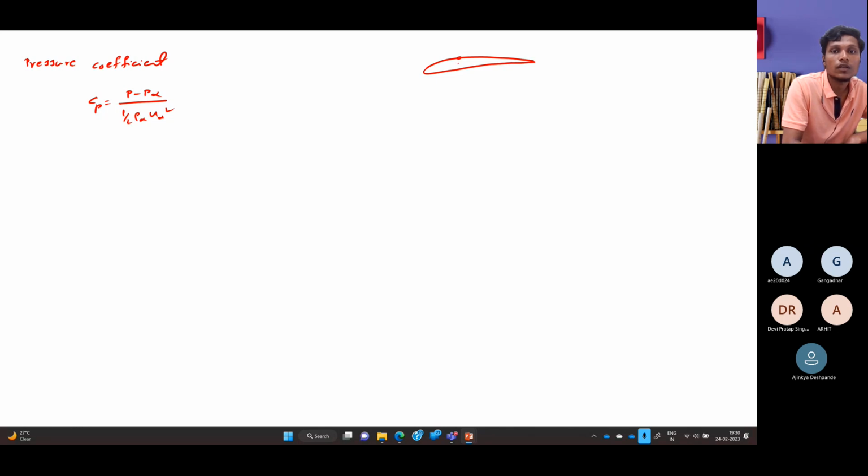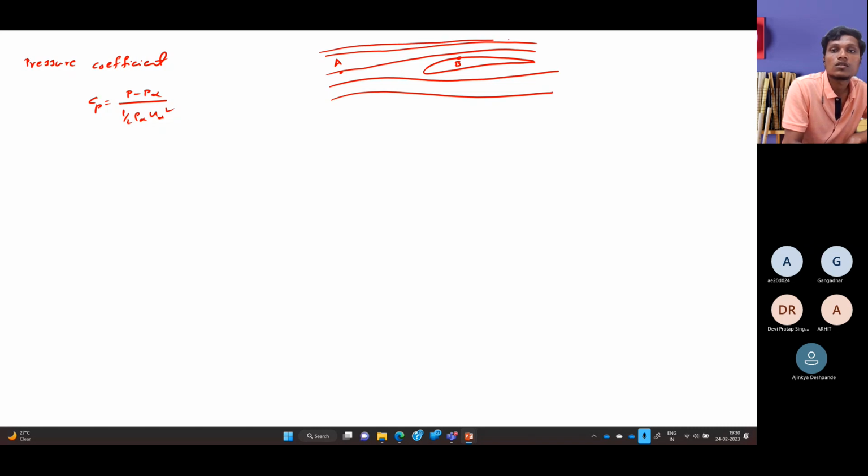Suppose you have a point B here and I have a point A here, and my flow is coming onto the airfoil. My airfoil is steady. I'm testing my airfoil in a wind tunnel or some kind of equipment to test this airfoil scientifically.